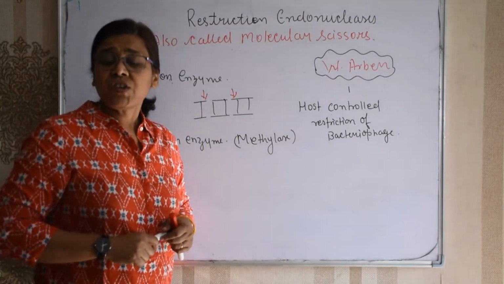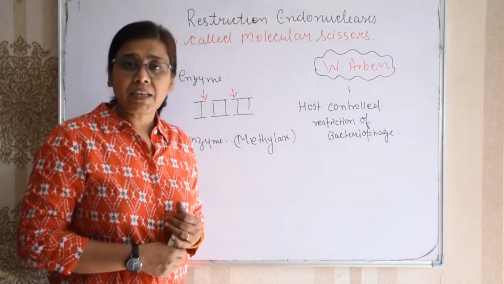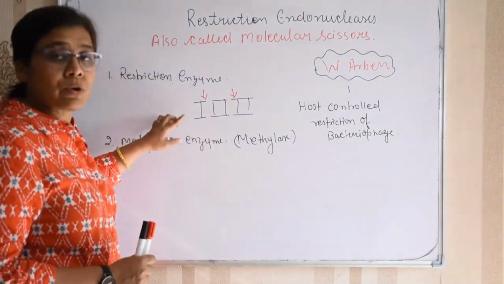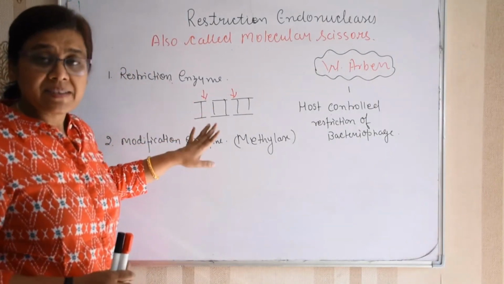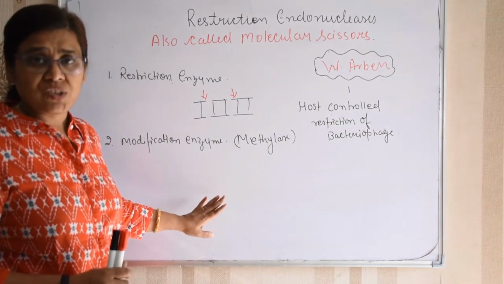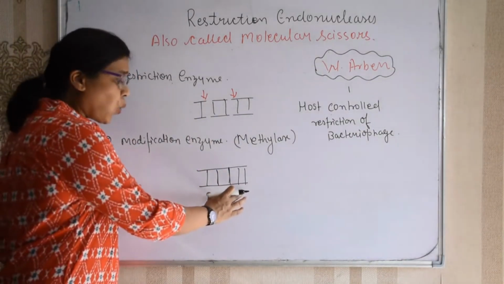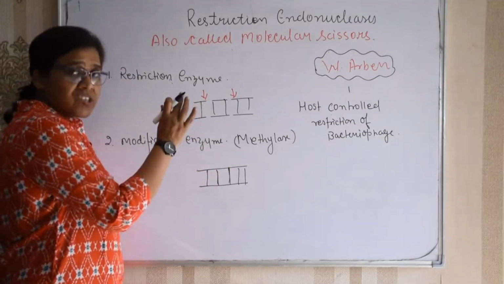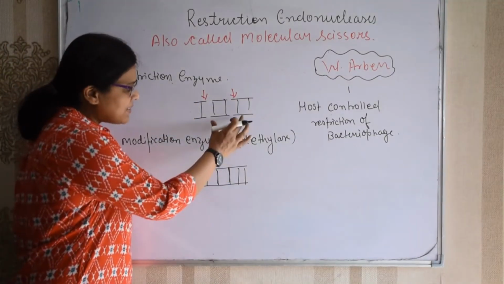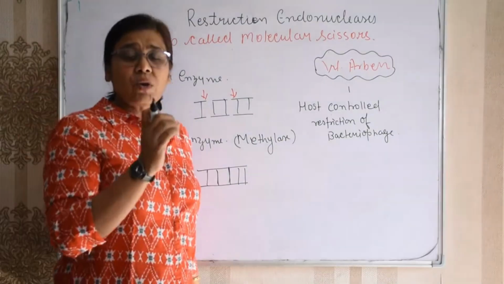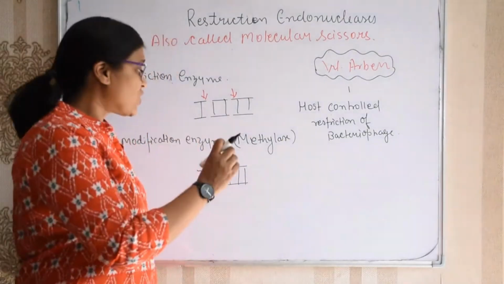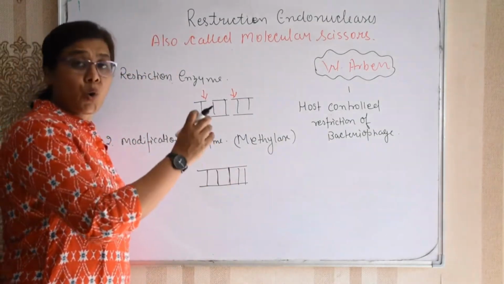So restriction enzyme, which is present in the bacterium, also recognizes the same sequence present in the genome of the host cell. This is the nucleotide sequence present in the host genome, and the restriction enzyme is recognizing the same sequence. So it can happen that the restriction enzyme can cleave the host genome.